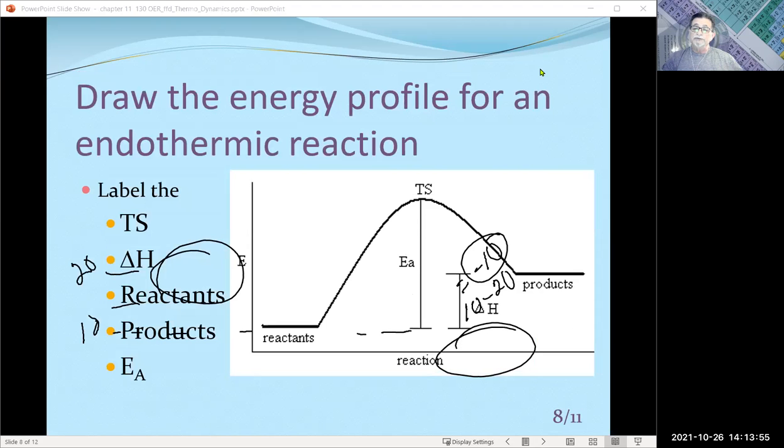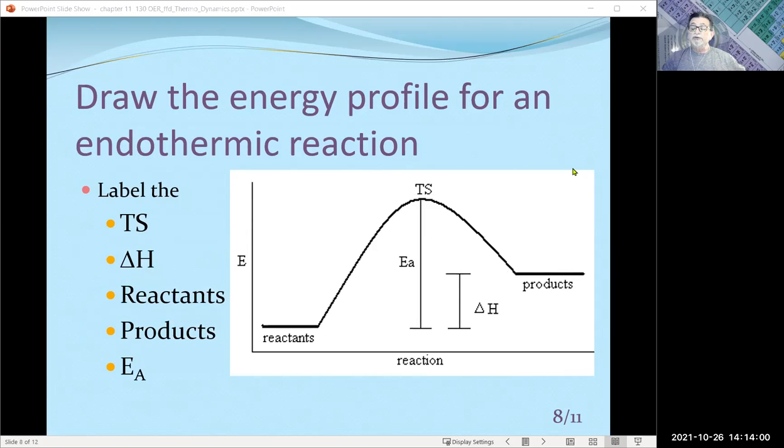Okay, let me clear this up. Now, with respect to an endothermic reaction, it's the opposite. Notice something: the products in this case are higher in energy level than where the reactants were. So let's say this is 50 and this is, call it 10.